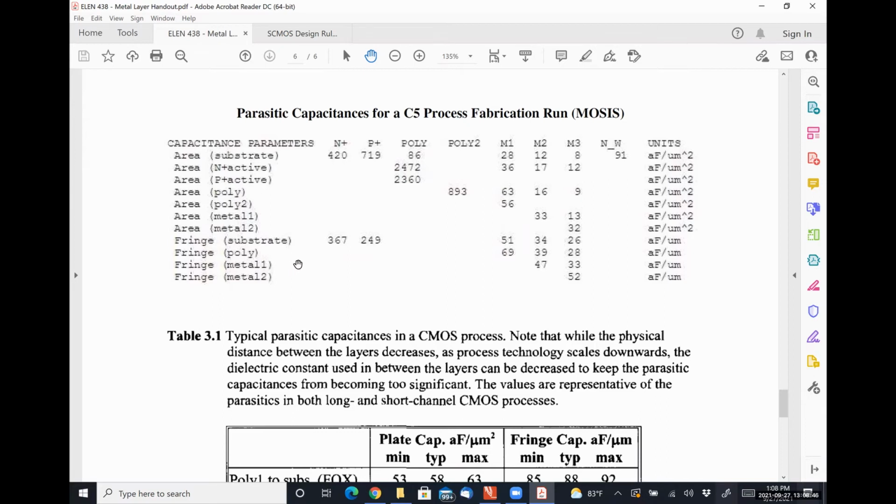Between metal 1 and metal 2, we have 47 times that 400. And so we wind up getting 348.8.